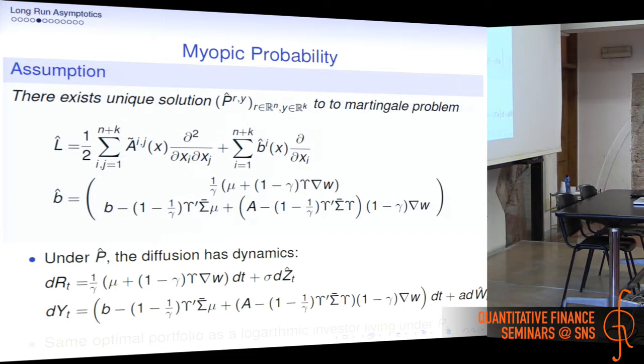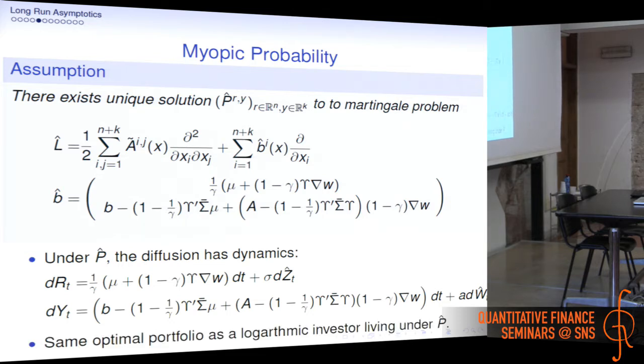So if you're a logarithmic investor, your optimal portfolio is always mu, which is what we have here, divided by sigma squared, which is this, okay? Divided by sigma squared really means sigma inverse times this, okay? And what is the expression that we get? Well, we get the same exact expression as the expression that we get for the optimal portfolio, not for the logarithmic investor, for the gamma investor, but not under this probability, under the original probability.